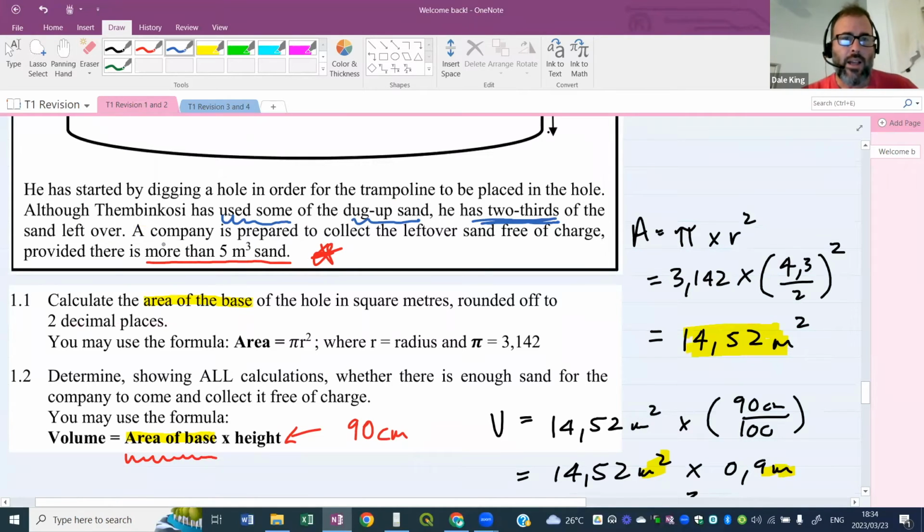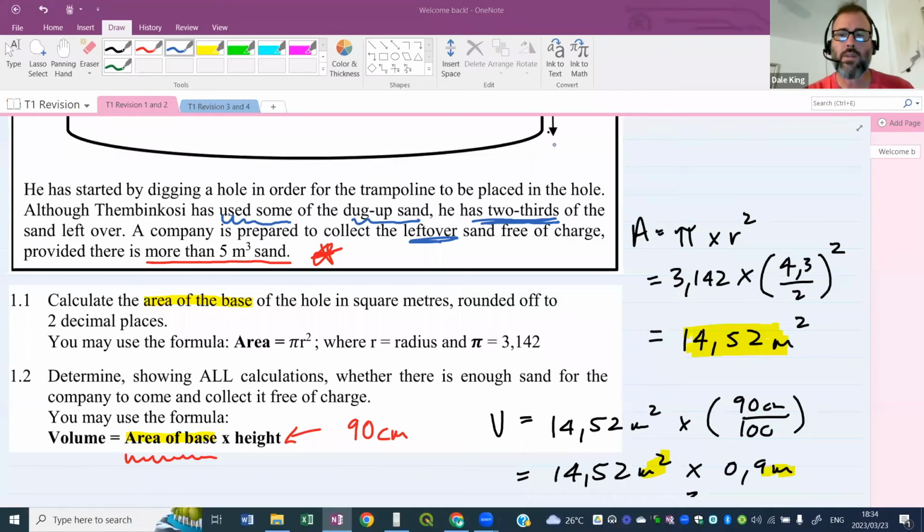Okay. A company is prepared to collect the leftover sand, which is the 2/3. So that's what we're checking here. Okay. So I think most of you probably worked out the whole volume, but we're only checking 2/3 of that volume.